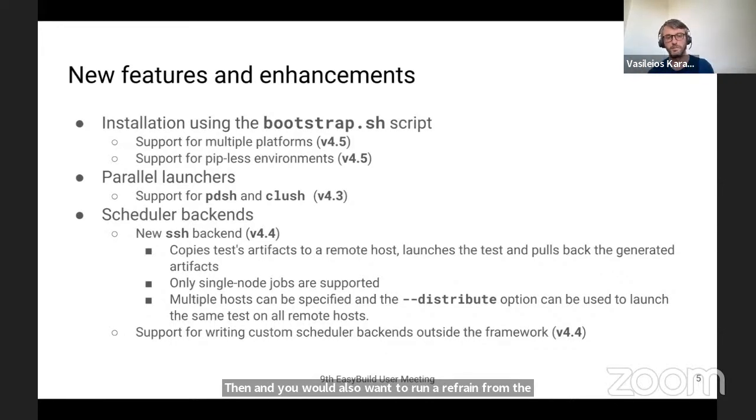You had to have completely different installations in different paths. Now, if you run the Bootstrap, it will fetch all the dependencies in platform-specific directories. It also supports pipless environments, and the Bootstrap now fetches pip for the actual Python version. So that also solved several issues that we had.